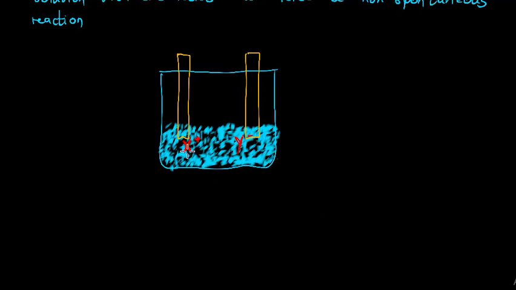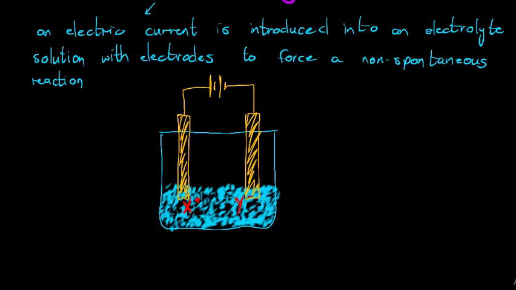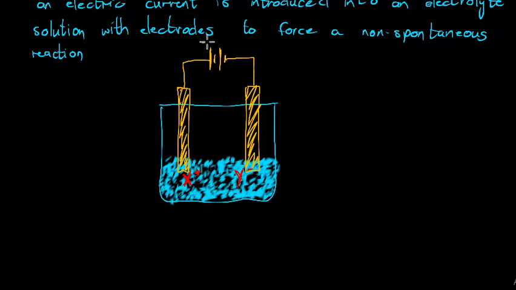No, in here we've got a single solution, and now what we're going to do is pass a current through these two. So a current means that we're going to have a power source. Here we connect some sort of power source. Now in this case this is the positive end and that is the negative end.